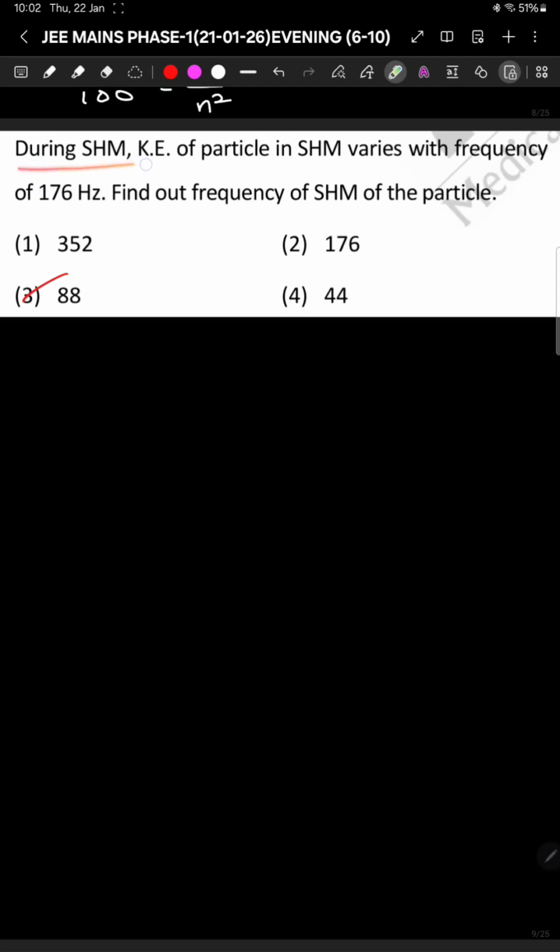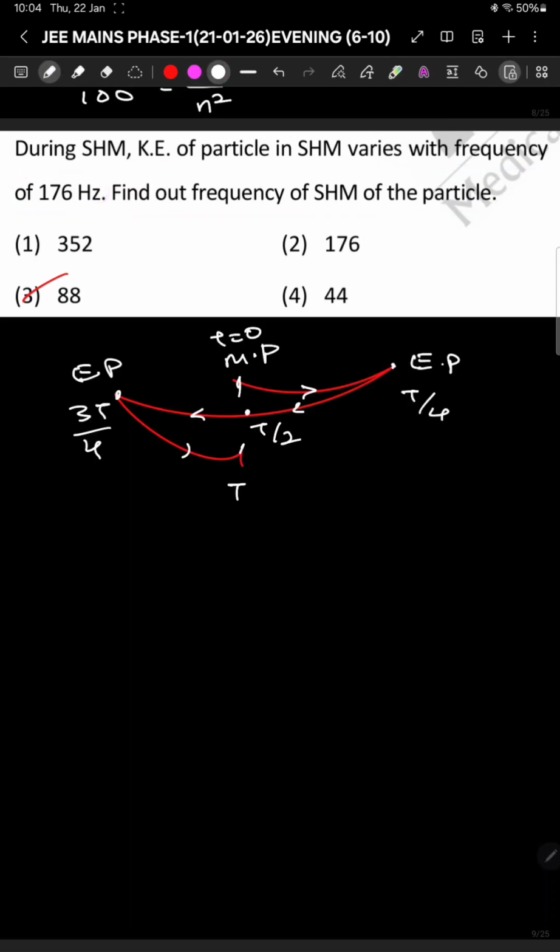During SHM, the kinetic energy of the particle varies with a frequency of 176 Hz. Find the frequency of the SHM of the particle. For a particle in SHM, the total time period is T. So the time for one oscillation will be like this. But if you observe carefully, at the mean position kinetic energy will be maximum.